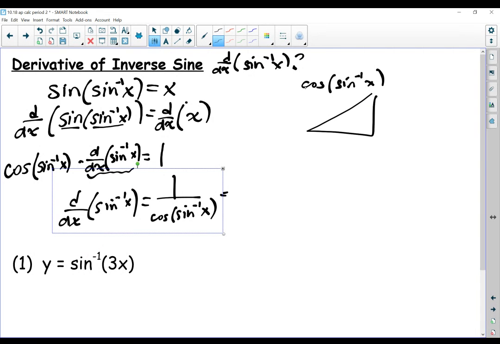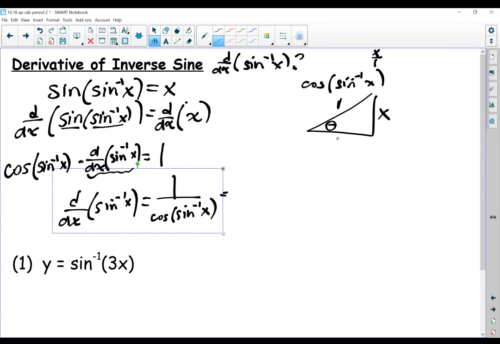Now, this is saying find cosine of an angle that gives me a sine equal to x. So whatever the angle is, I'm going to find the cosine of that angle, but I know that angle gives me a sine equal to x. Well, x is just x over 1, so I'm going to think of it as x over 1. So I know the sine of this angle equals x over 1, so I know my opposite is x, and my hypotenuse is 1.